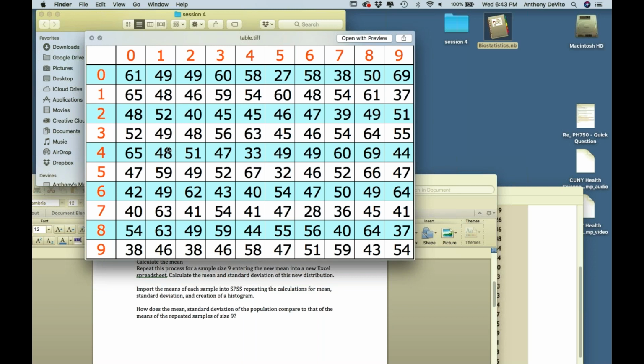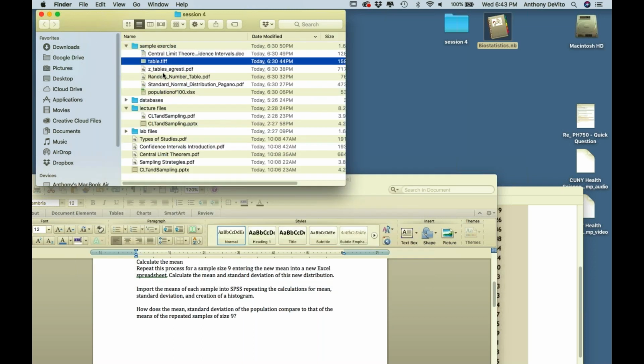As it happens, a population could be anything. It could be 100 people, 1,000 people, or a million people. In this case, this is a population of 100 people. We're not going to measure the mean for these 100 people at this stage. We could, because it's only 100, and we can use Excel to do that. In fact, I gave you another file, an Excel file, which has this table in it already.